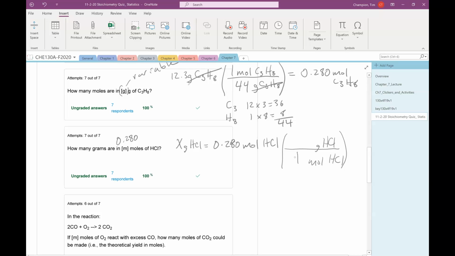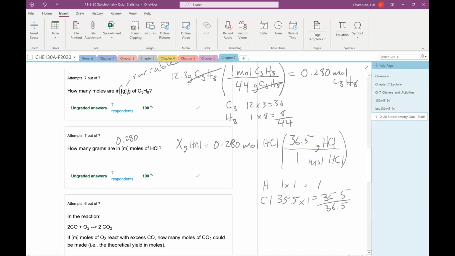Anytime you have grams and moles in a conversion factor like this, you always have 1. Hydrogen has a mass of 1, and we only have 1 of them. Chlorine is 35.453, so 35.5 is close enough. Add that up, you get 36.5 as your molar mass.